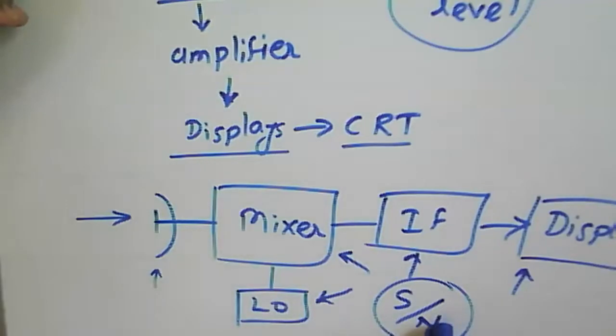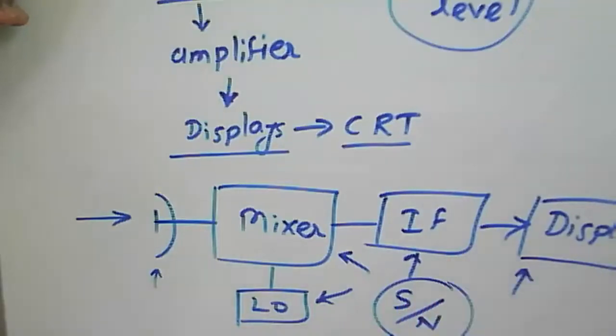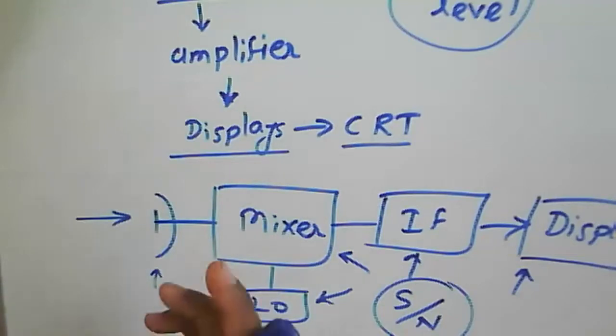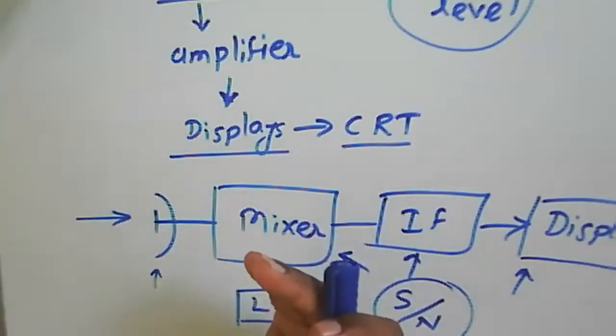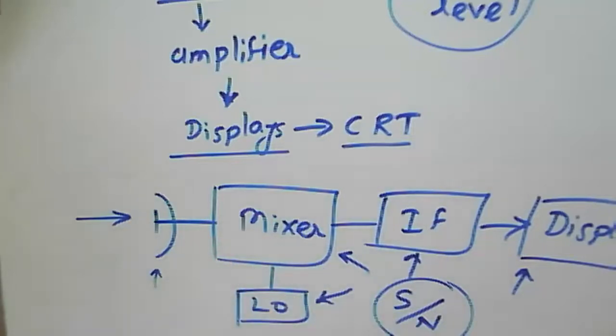So that noise consists of interference from nearby devices, then clutter echoes, or we can say from natural elements, so noise comes into the particular receiver. But generally what happens? A radar receiver is used at higher frequencies, so the nearby devices working at low frequencies do not affect the receiver.